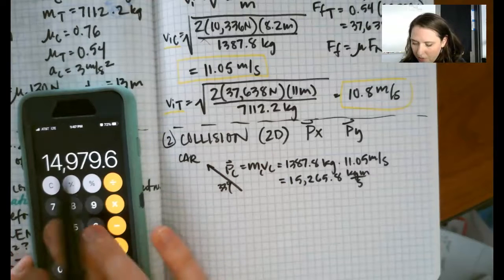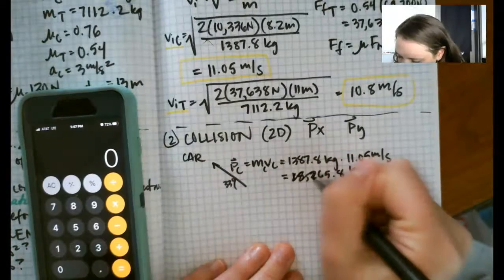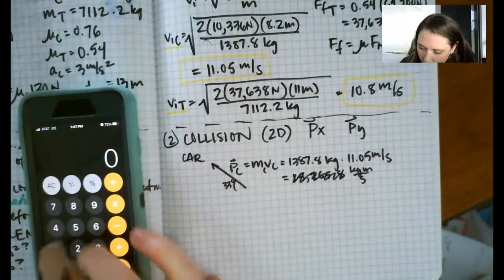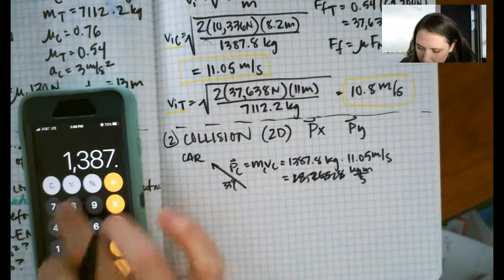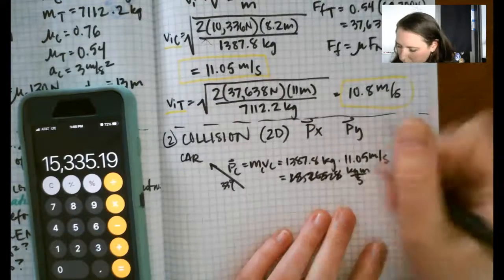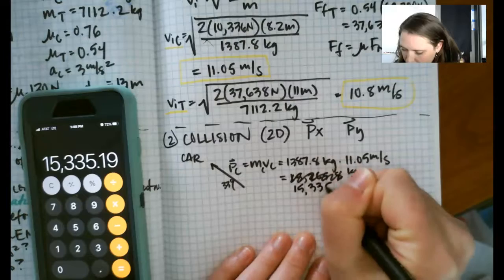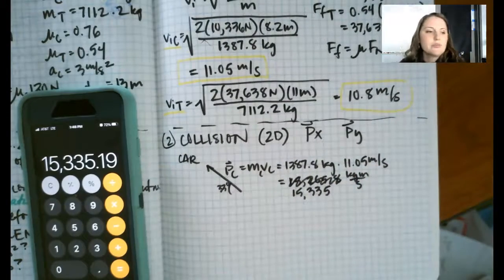Would I get a different number? No, that's not it either. So I'm not sure. But anyway, let's write down the correct number. 1387.8 times 11.05. 15,335 kilogram meters per second.